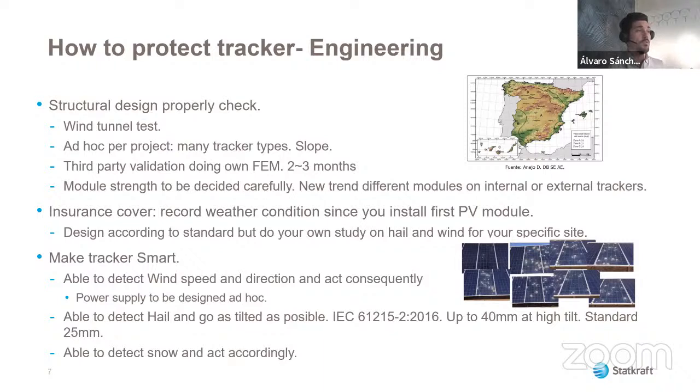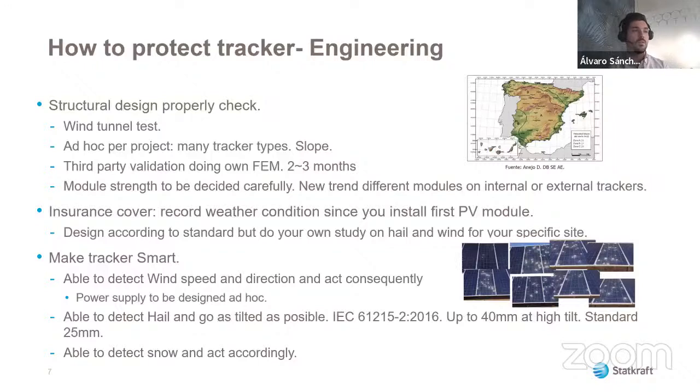One of the other quite critical things that we have seen is that this structural design check has to be done ad hoc for the project. Not every project has the same conditions. Even when you change the size of the module, the tracker configuration totally changes. The inputs that you have from the site, like the wind speed, snow load or hail, have to be very well looked at, and that has to be implemented in the structural tracker calculation.